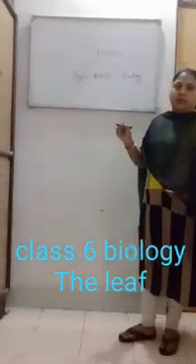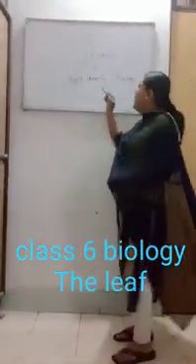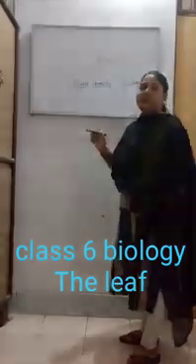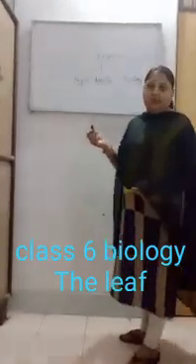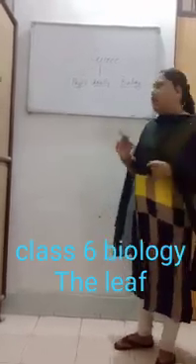In physics, you will be studying about matter, about weight, mass. In chemistry, you will be studying about atoms, molecules, and in biology, you will be studying about all living animals, plants, all living things which are surrounding us.